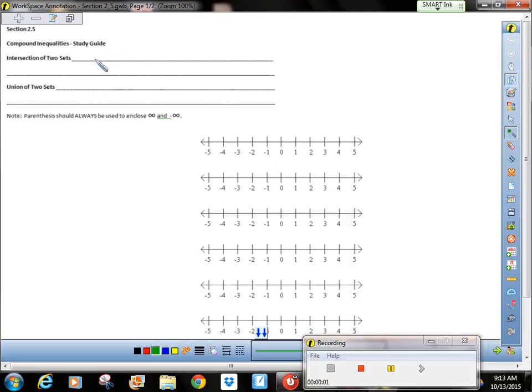Intersection of two sets is a place where two sets overlap, okay? What is it?